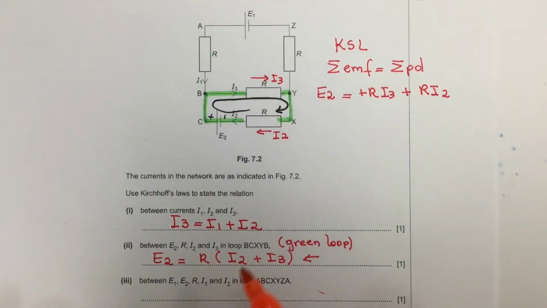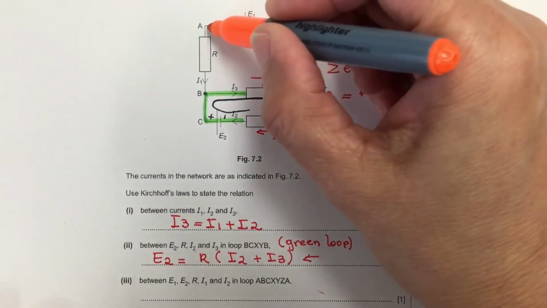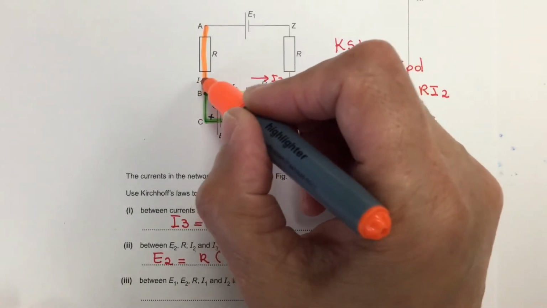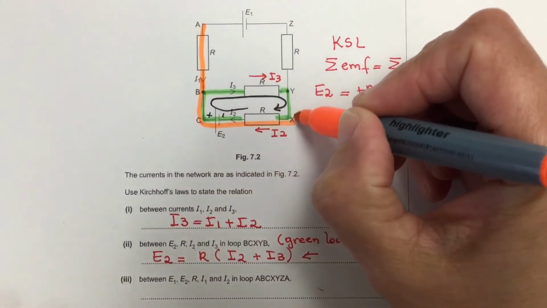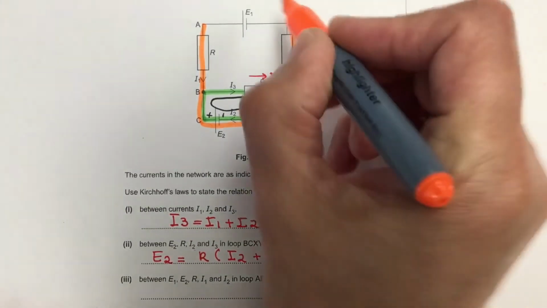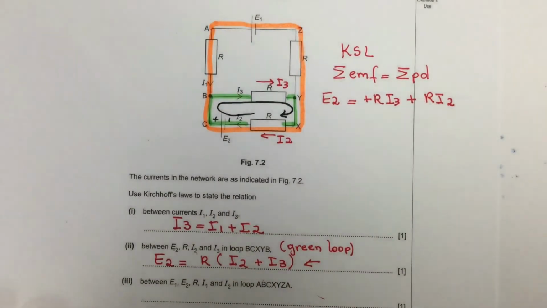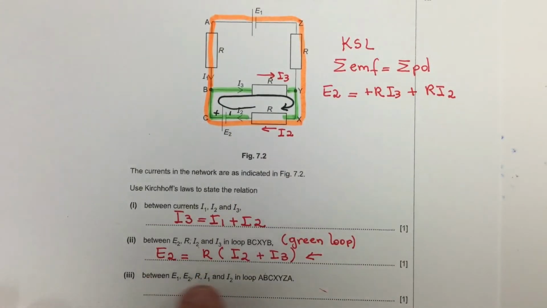Now the next loop is A, B, C, X, Y, Z, A. So this is the orange loop, which corresponds to this question.